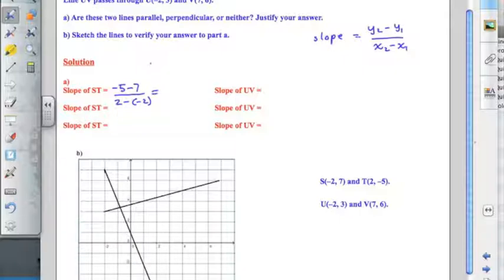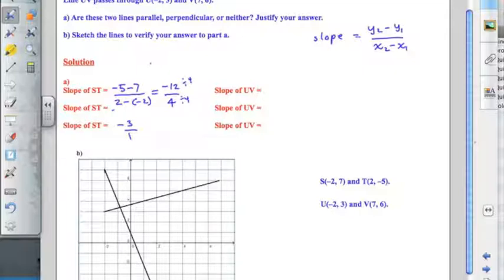If you have room, fill it in down in this spot here. But -5 subtract 7 is -12, and 2 subtract -2 is 4. Okay? So the slope of ST will reduce to a slope of -3 over 1. Both of these numbers here are divisible by 4.